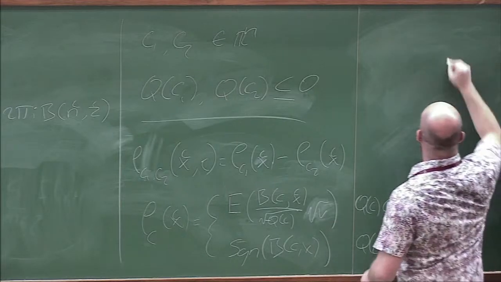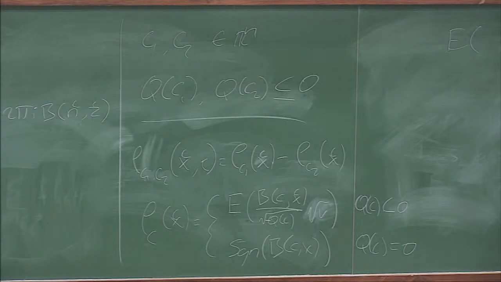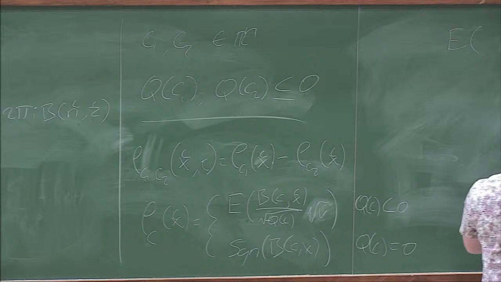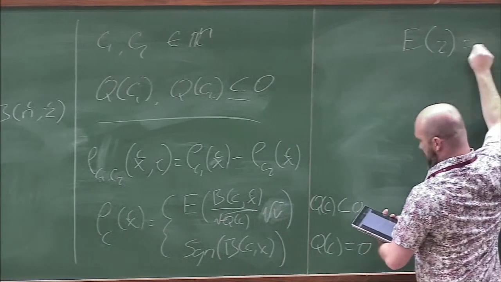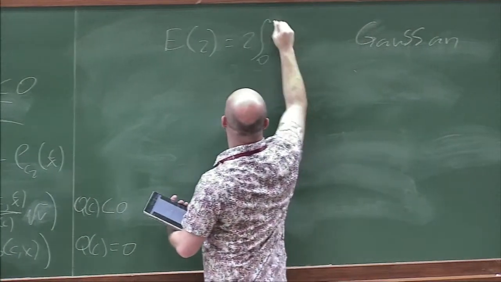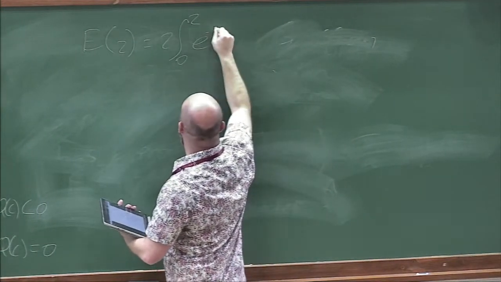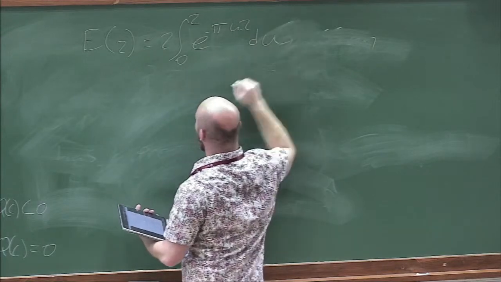So we have that this error function, I need to follow my notes or I will definitely get this one wrong. So our error function is just defined to be 2 times the integral from 0 to z of e to the minus pi u squared du.